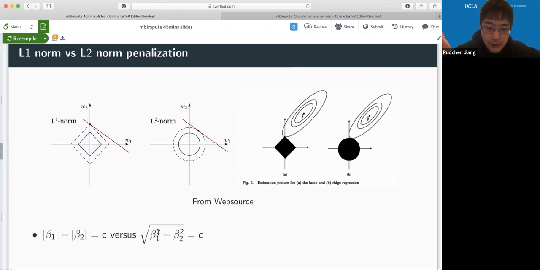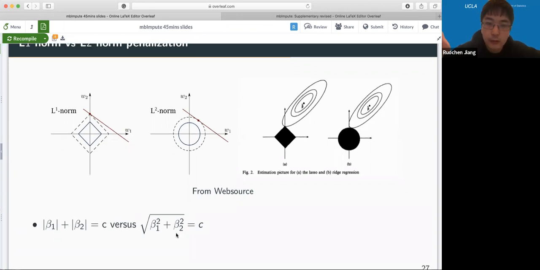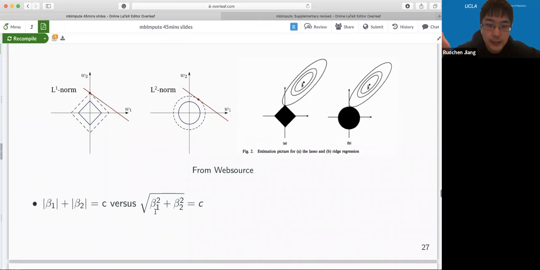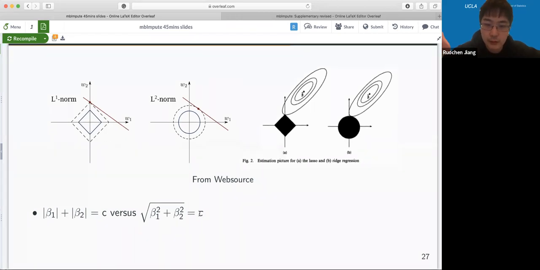However, if we look at the L2 norm, then beta 1 squared plus beta 2 squared is equal to some constant, and that is a circle. If we have some objective function that intersects with those two constraints, we can see that for the L1 norm, it's more likely to have a zero in that dimension, and then it will shrink the parameter to 0.